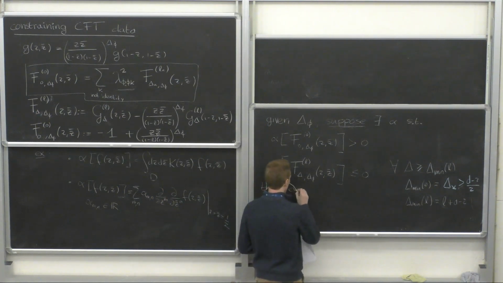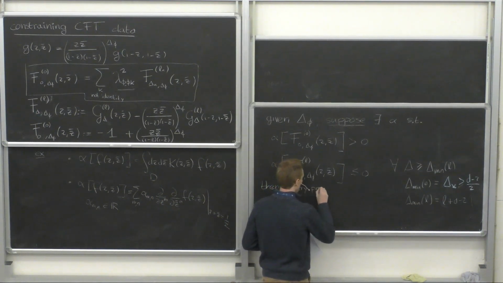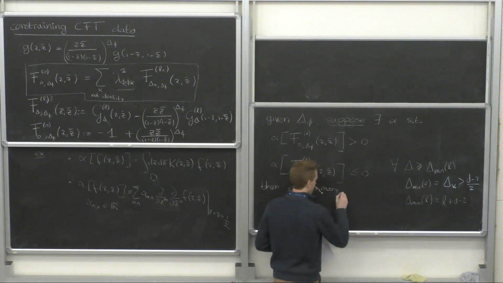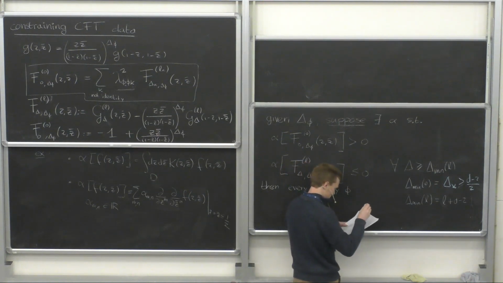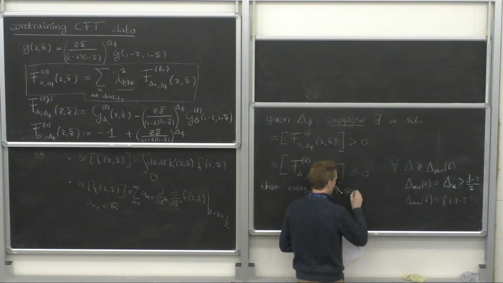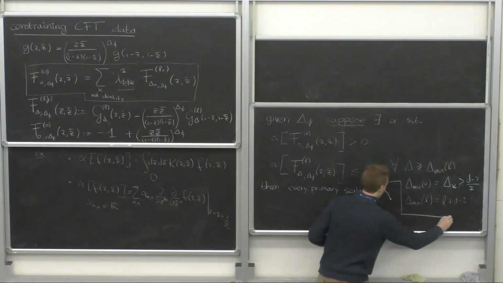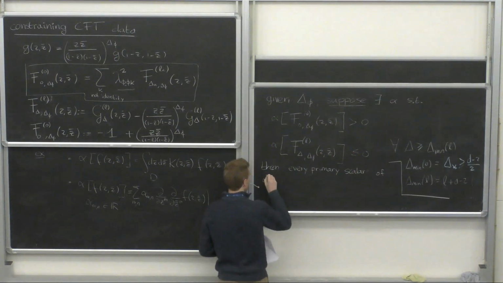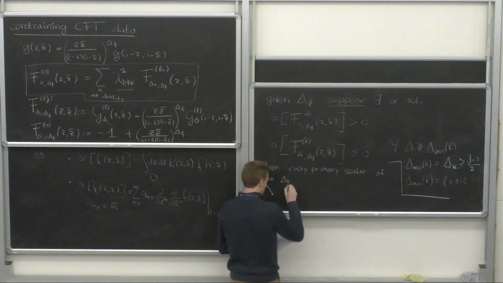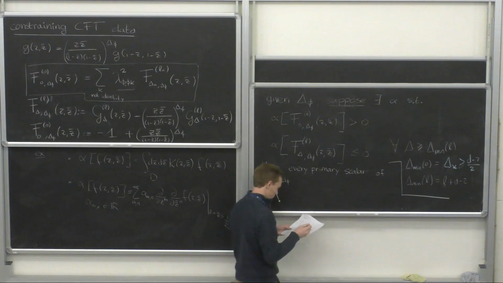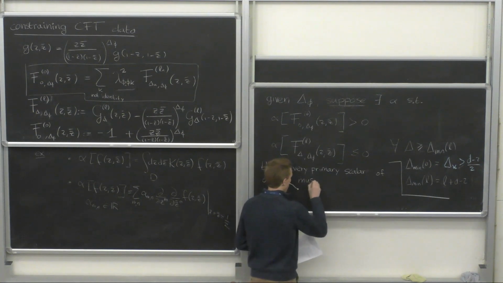So every primary scalar phi of dimension delta phi must have something.